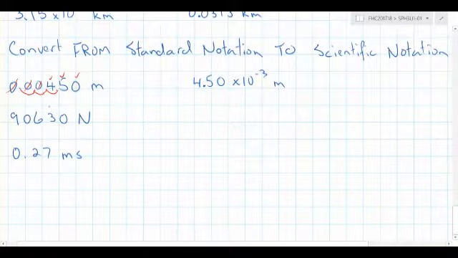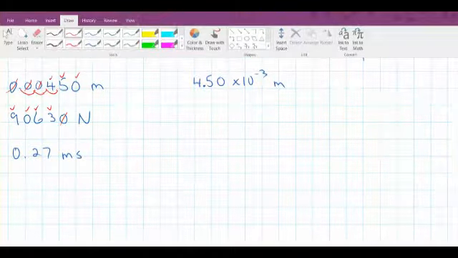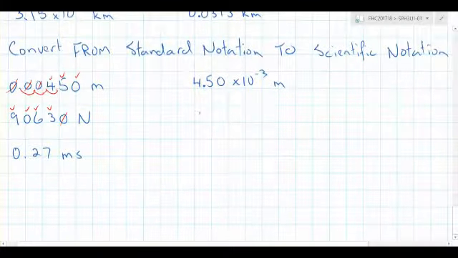This one here, 90630. So first, let's check the sig figs. So 9, 6, and 3 are significant. This 0 is between sig figs, so it's significant. This one's just a trailing 0 without a decimal, so that's not significant. So my mantissa is going to be 9.063.